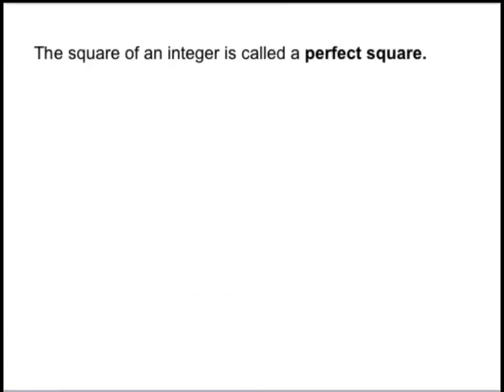Alright, let's take a look at what a perfect square is. By definition, the square of an integer is called a perfect square. So let's do a quick example. Let's say we have 7, that's the integer, and we are going to square it.